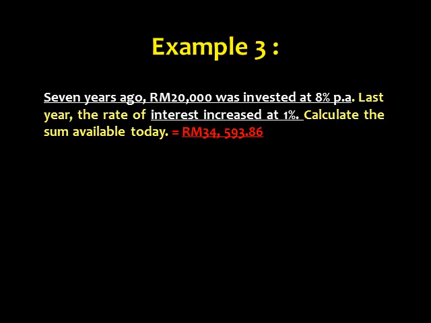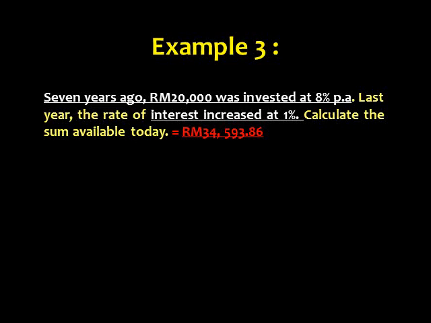Yes, 2013. Last year the rate of interest increased by 1%. Previously the rate of return is 8%. However, last year means 2019. Calculate the sum available today. Today is 2020.